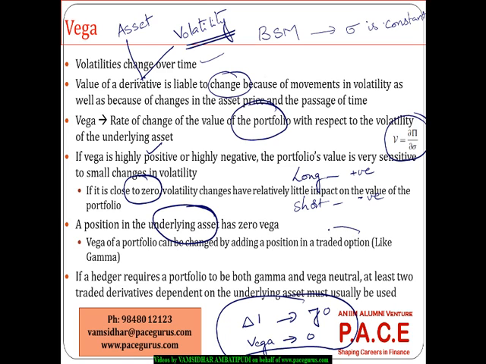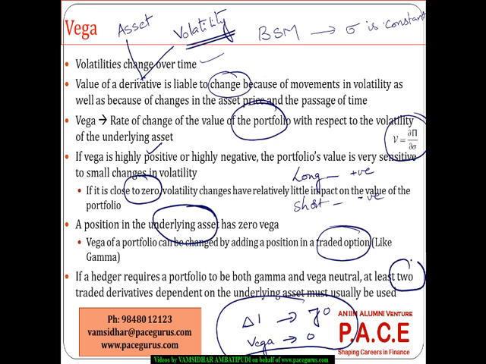So I have to use one kind of option for making it gamma neutral, another option for making it vega neutral, because both may not be achieved by one single option. It's very rare to get both of them achieved by one single option itself, which means I require at least a minimum of two different traded options, one to make the portfolio gamma neutral, the other one to make the portfolio vega neutral.